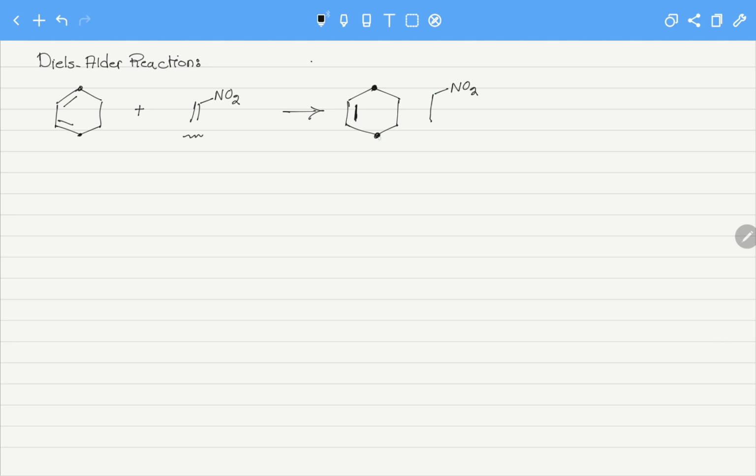And all you have to do is connect this carbon, so the terminal carbon of the diene, with that of the dienophile. And the same thing goes in here, and this is how we draw the product. Now, of course, you can transform this into the bridged bicyclic system form by drawing it in this way.